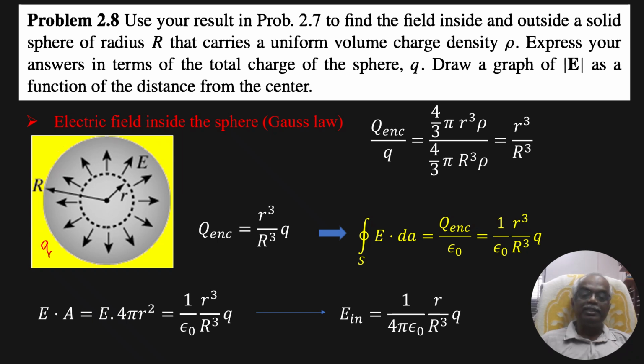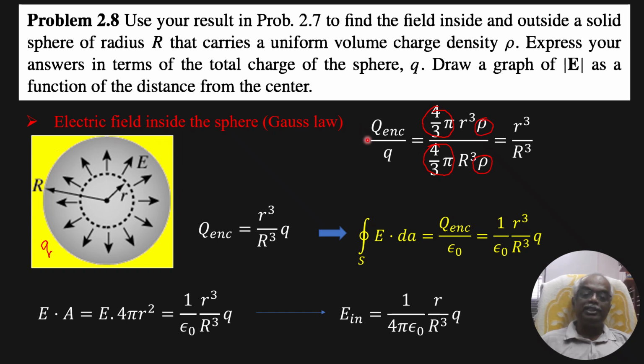So Q is equal to the volume charge density multiplied by the volume, that is 4/3 pi capital R cubed rho. Here you can cancel the 4/3 pi and rho.